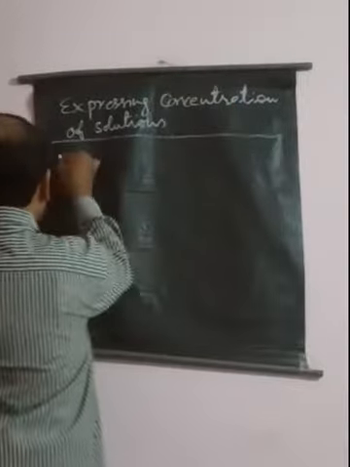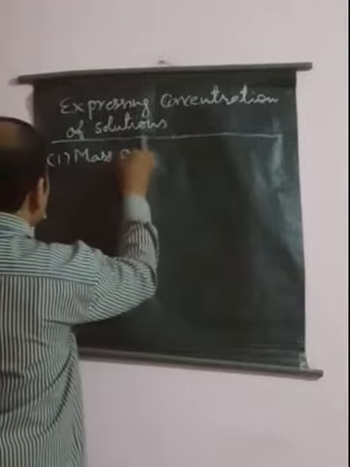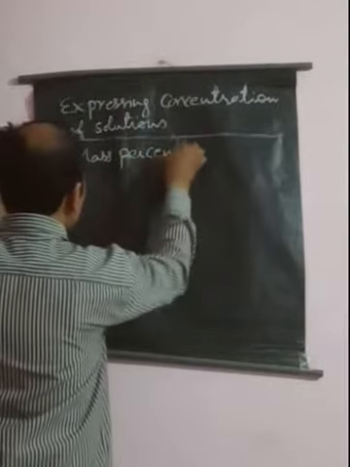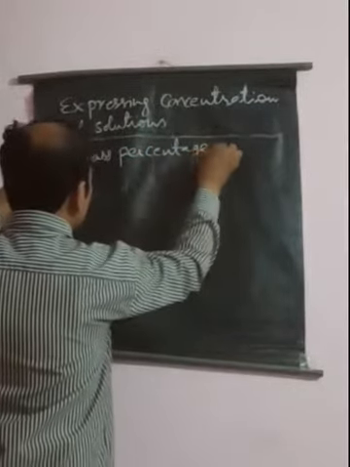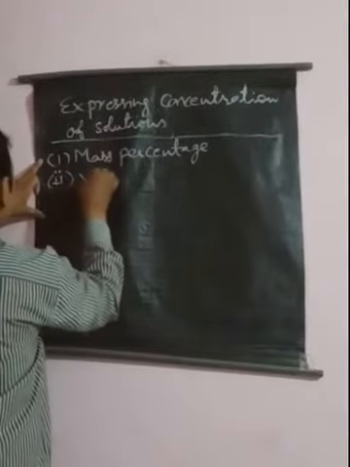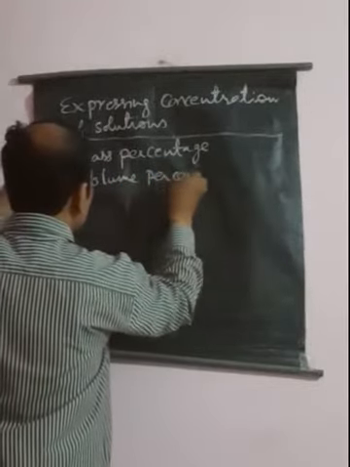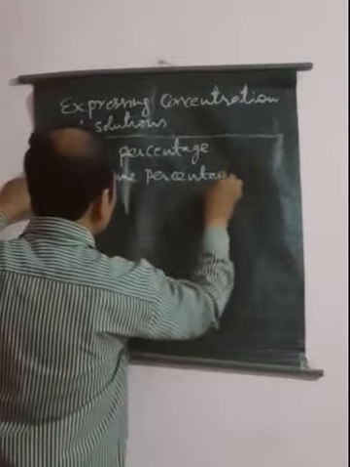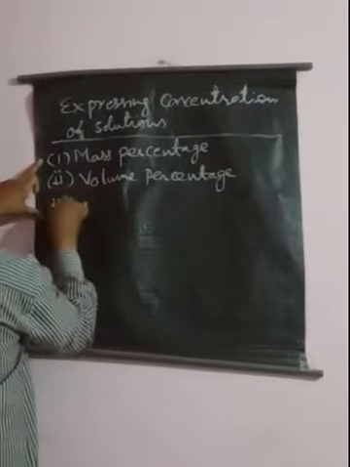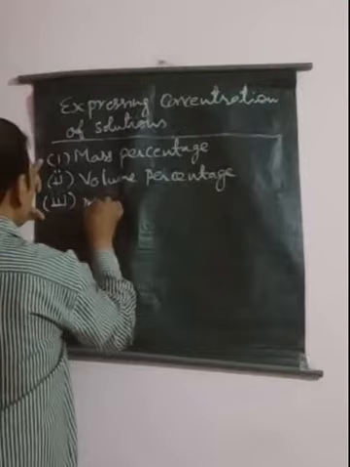First method is mass percentage. Second method is volume percentage. Third method is mass by volume percentage.